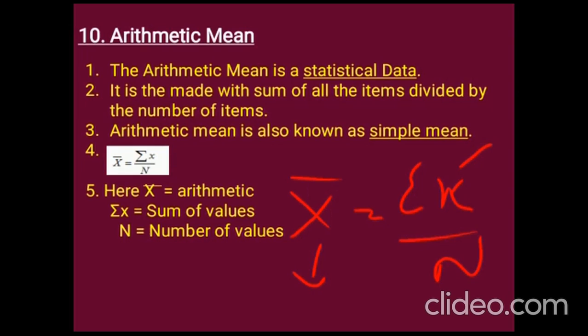The formula to calculate arithmetic mean is x bar equals summation of x by n. Here x bar is the arithmetic mean, summation of x is the sum of all the items or values, and n is the number of values or items.